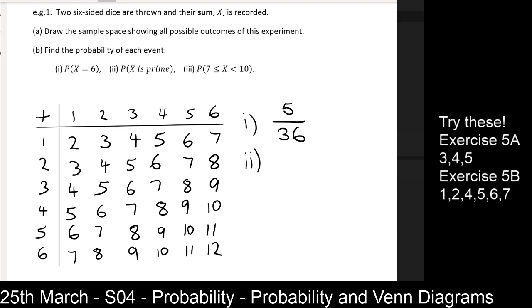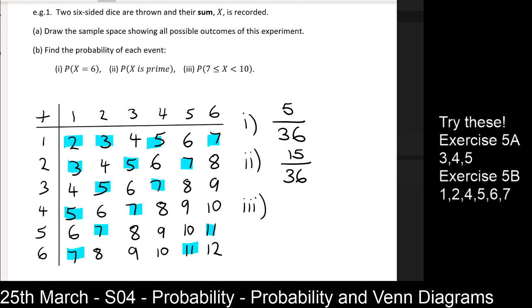Then when we get into the second one, probability that X is prime, all I would do is find all the places where I've got a prime number, count all the bits that I've shaded. There's 15 ways I can obtain a prime number when I roll 2 dice and add the numbers together. There's 36 possible outcomes altogether there, so it would just be 15 out of 36.